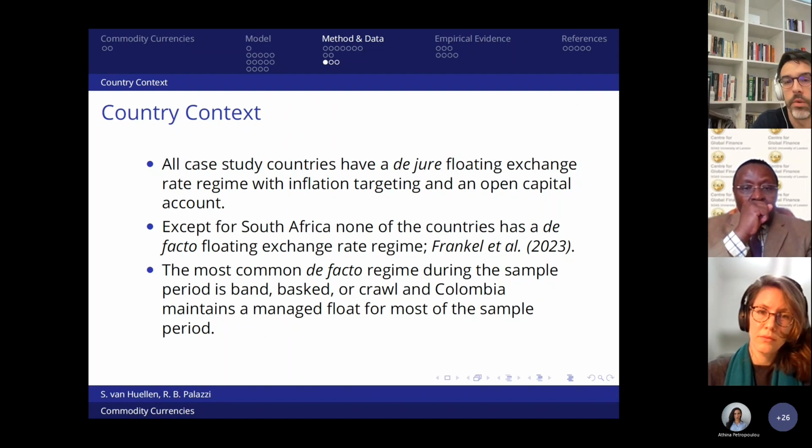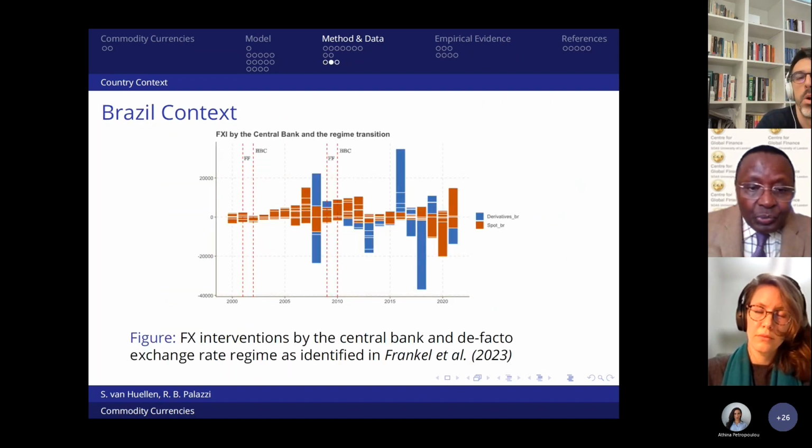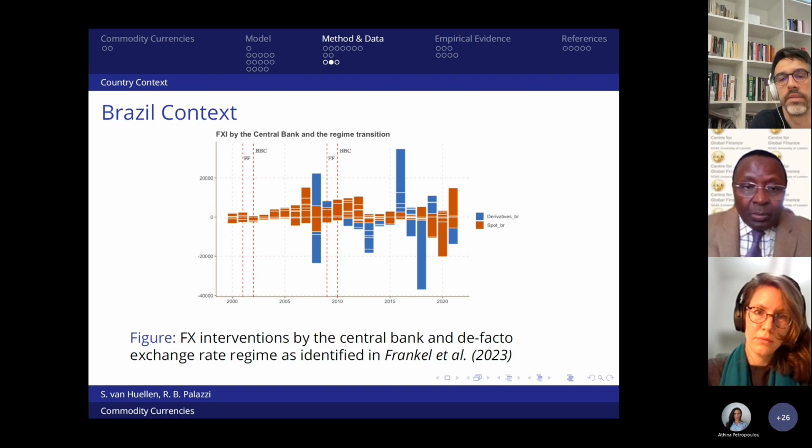So if you can see on the plot, this is for Brazil. We took this framework from a new working paper from Franco, which categorizes the regimes based on an econometric framework.